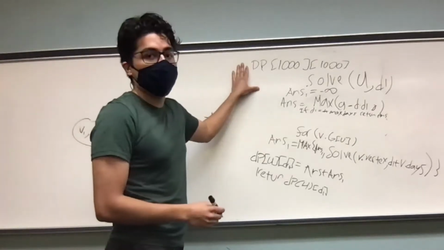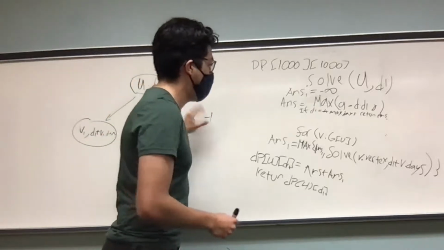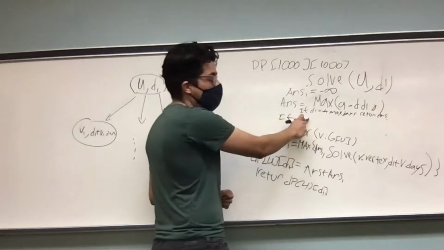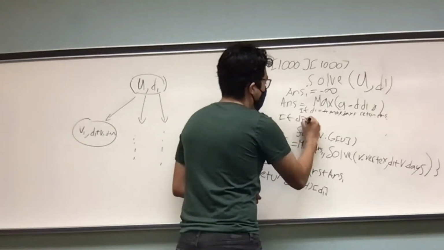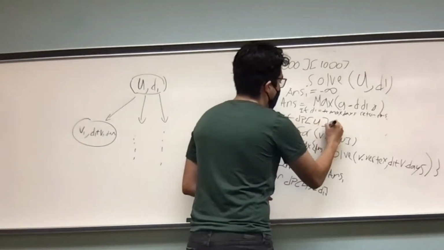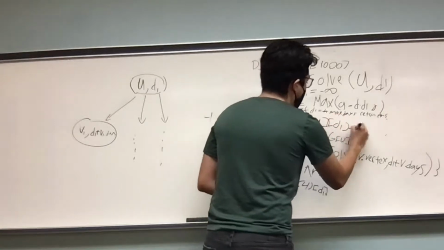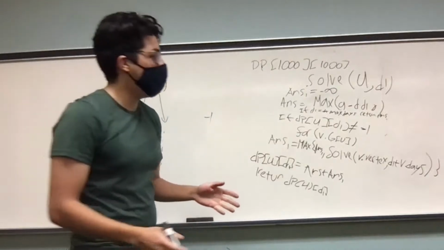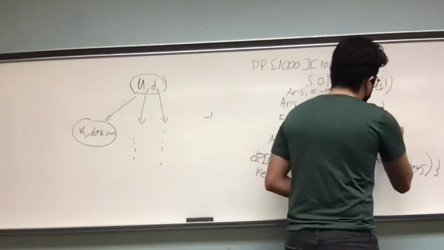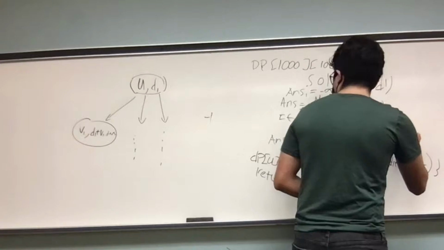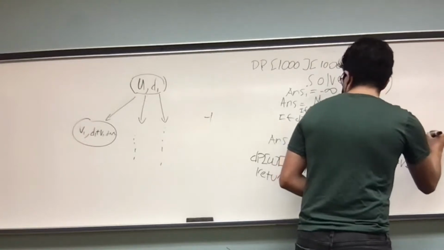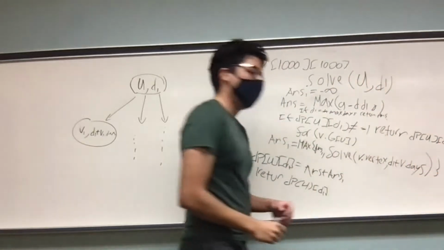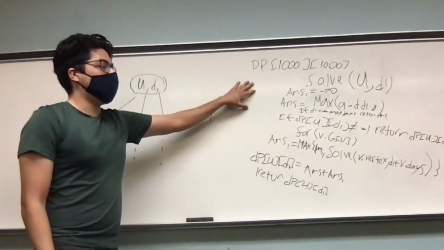So initialize this table with a bunch of -1s, and after we check this first base case, if dp at u, d1 is not equal to -1, it means we already solved this subproblem, so we just return that. And this will be our final solution.